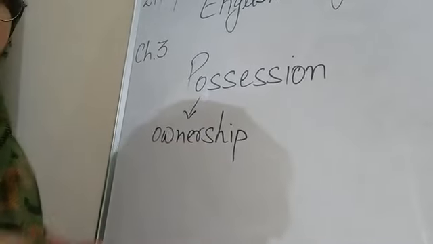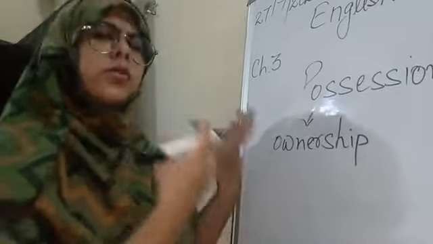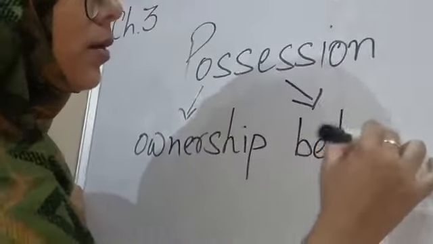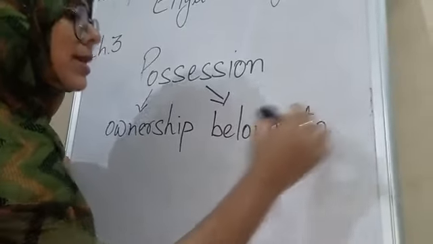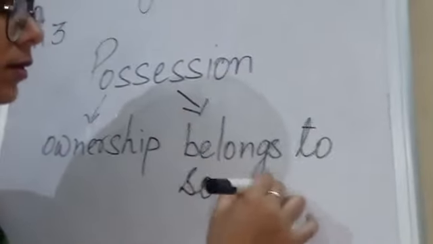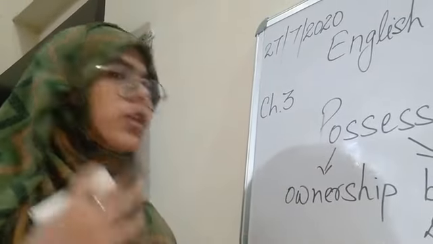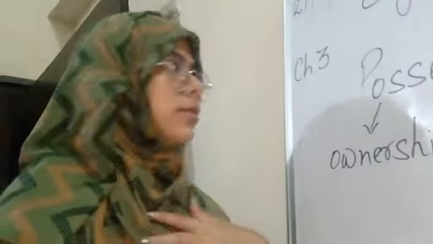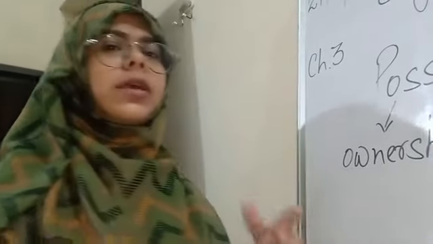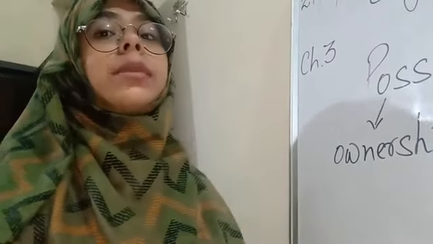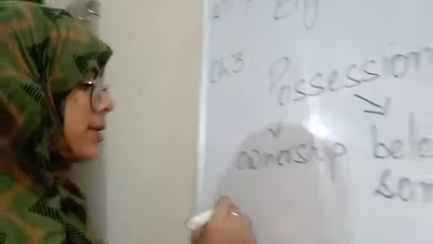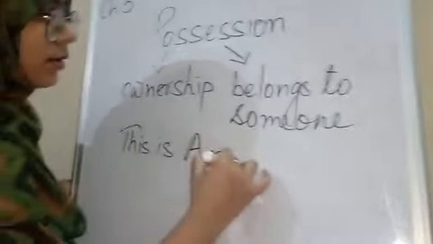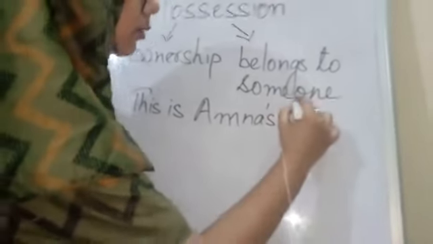Ownership means when something belongs to you or belongs to someone. For example, this board. This board is in my possession. I am the owner of this board. So you can say, this is Amna's board.